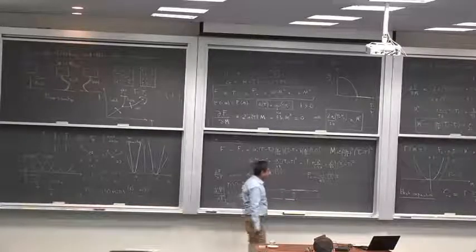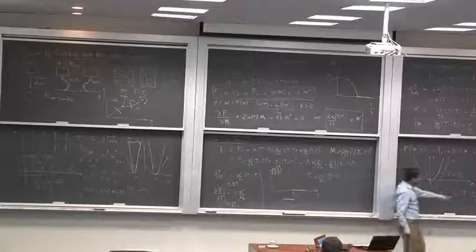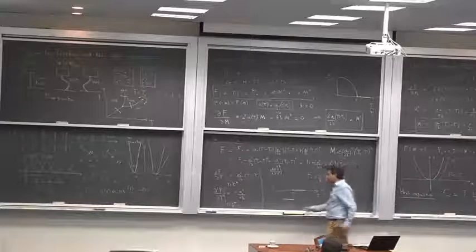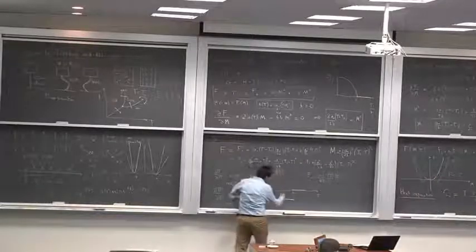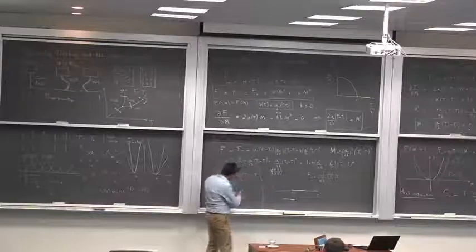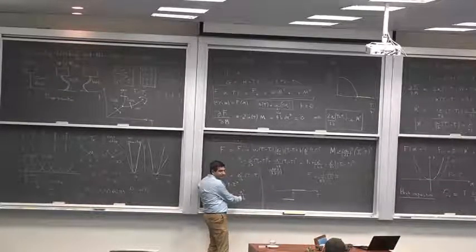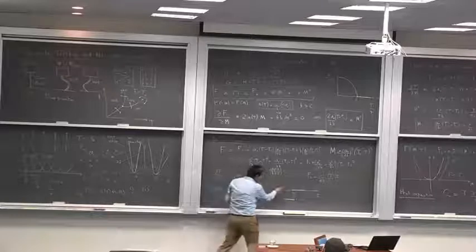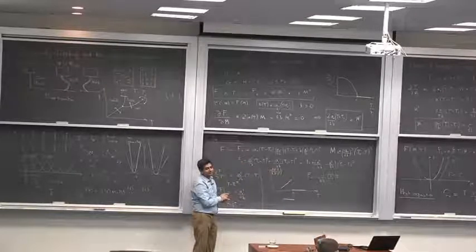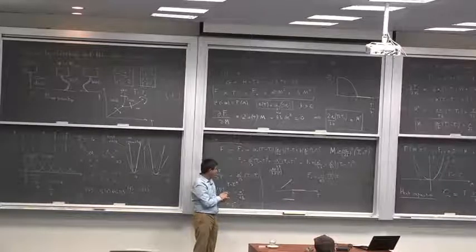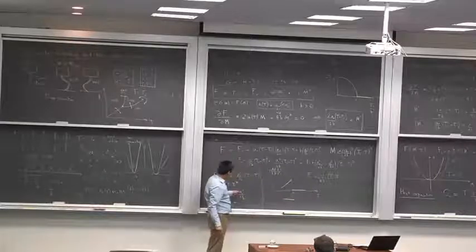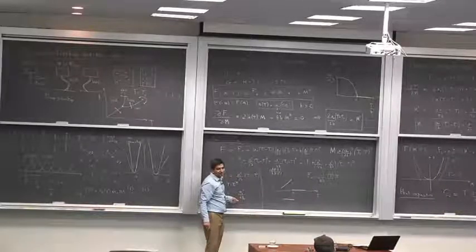Now my heat capacity is given like this. It's minus T of this, which means that just below the critical point, my heat capacity is the negative of this times the temperature. So it's varying linearly with the temperature. And the slope of this variation is A naught squared over 2b.